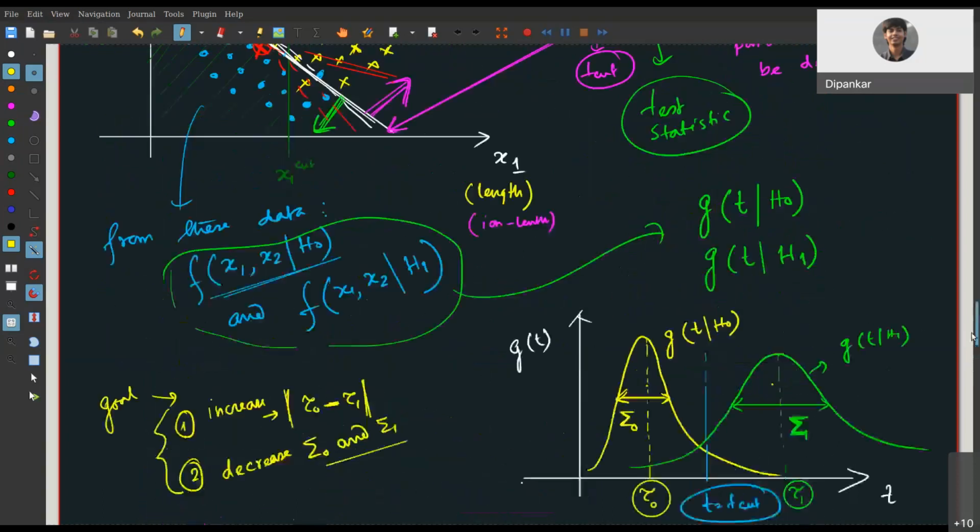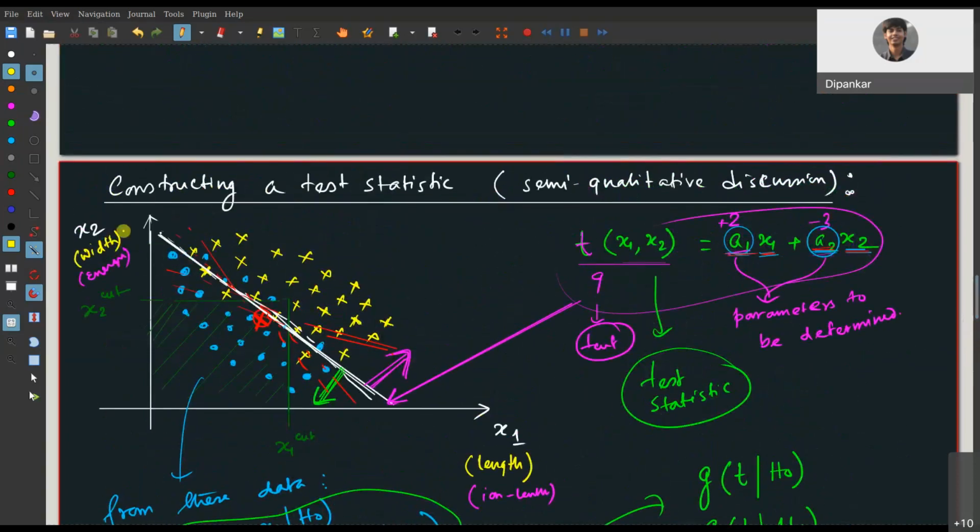But you might ask, instead of choosing a linear discriminant or a linear test statistic, maybe we could choose a more sophisticated test statistic that wiggles around like this, maybe this. And if so, look at this orange line.